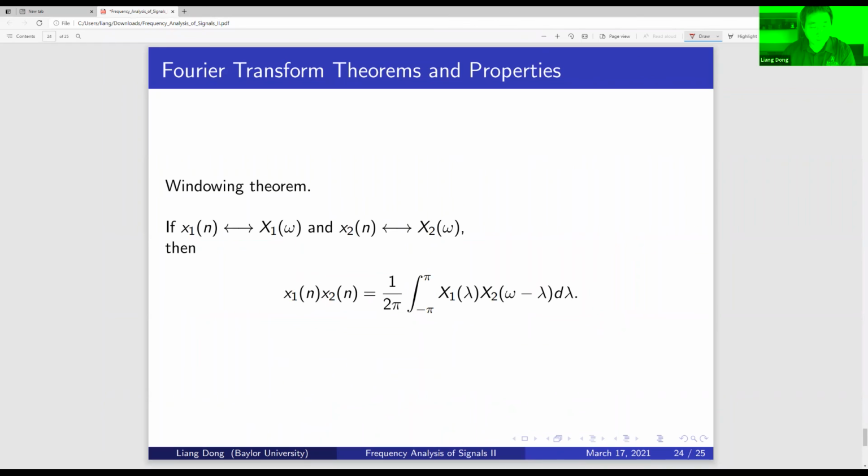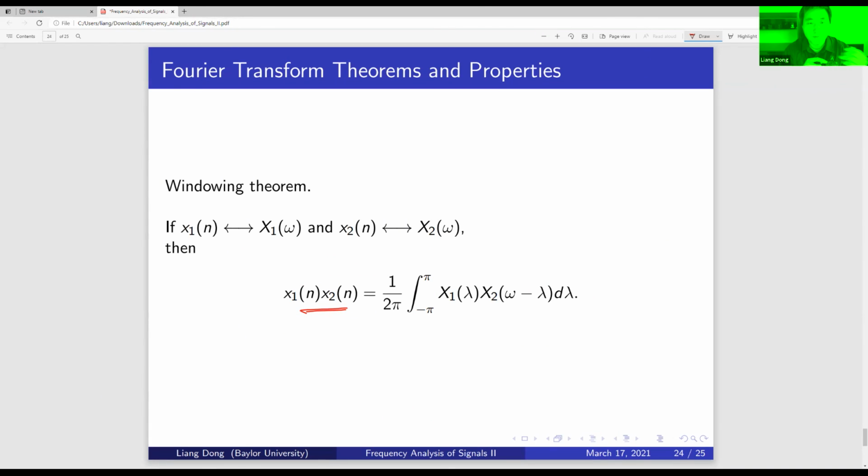And then we have the windowing theorem. The windowing theorem is that I have two signals, x1 and x2, with a product in the time domain, just a product in the time domain. So we mentioned before, we are doing windowing. Filtering is doing an element-by-element multiplication in the frequency domain.